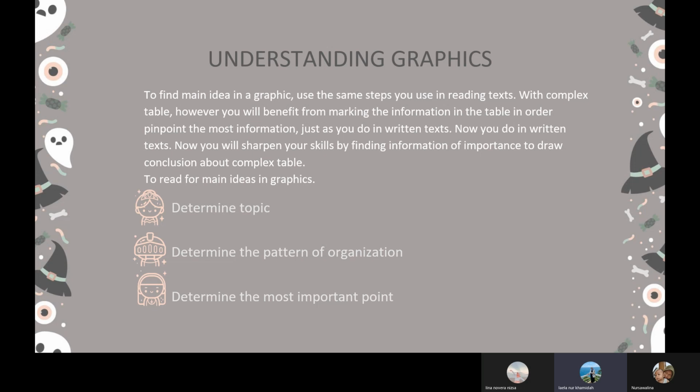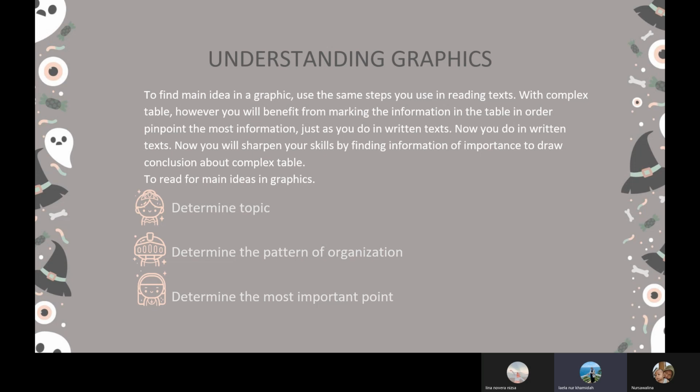Understanding graphics. To find the main idea in a graphic, use the same steps you used in reading text. With a complex table, however, you will benefit from marking the information in the table in order to point out the most important information, as you do in written text.